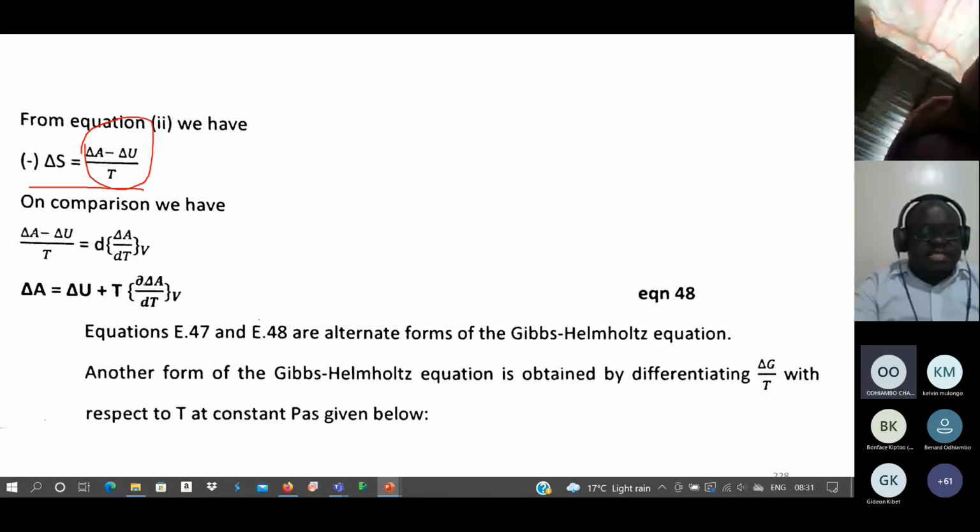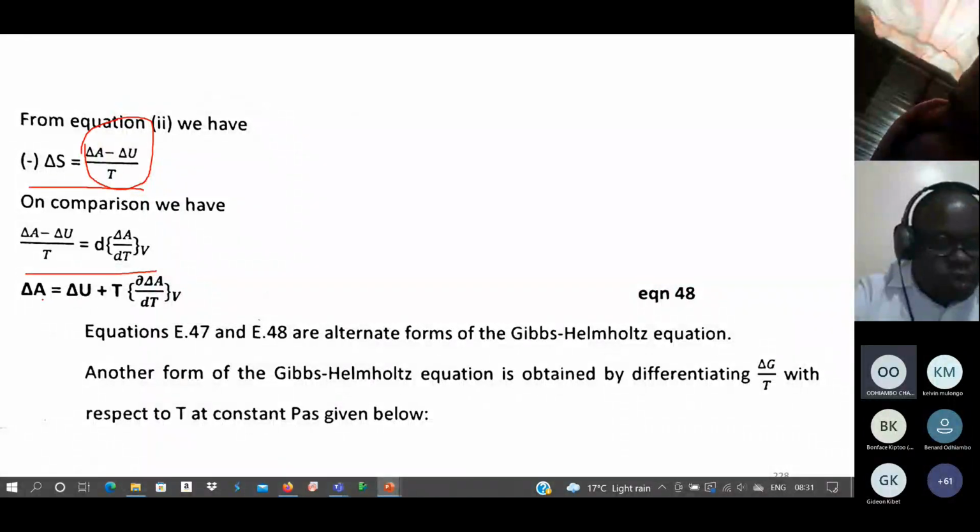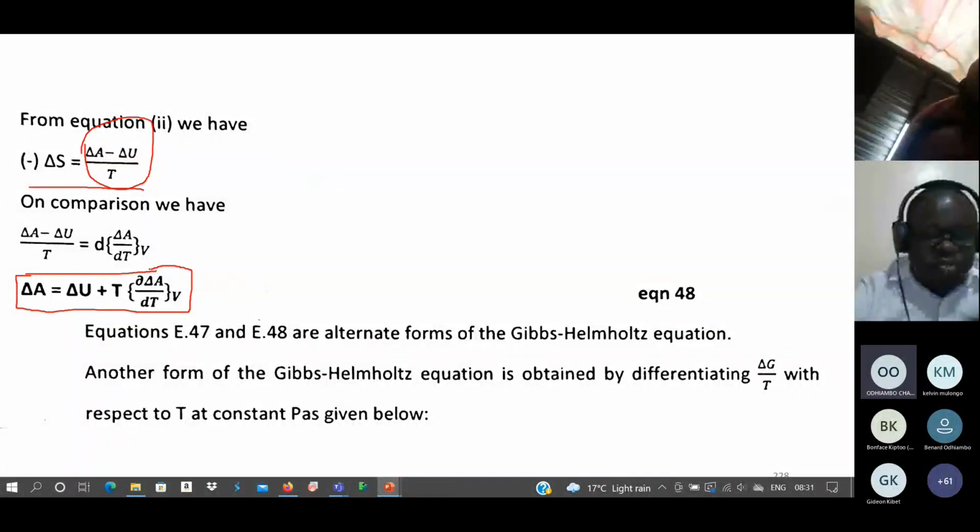So if you rearrange this expression, then you end up with change in A, or delta A, equals delta U plus T (d delta A over dT) at constant V. So here we end up with this expression that is similar to the previous expression that we had found for change in Gibbs free energy.